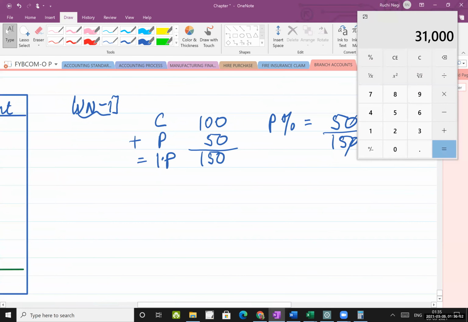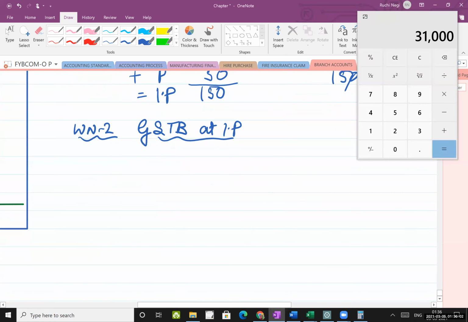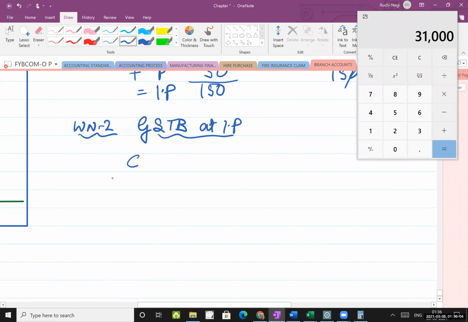So working note number 2, goods sent to branch at IP. Same calculation. C plus P is equal to IP. This is 3 lakh 40,000. They have said this is 100, this is 50, so this is 150.